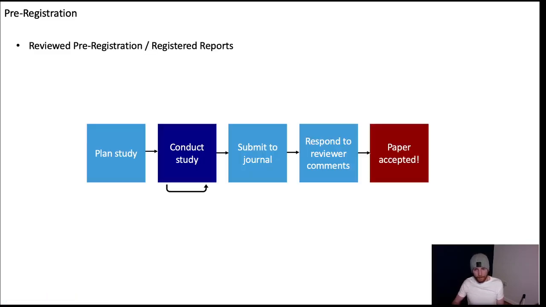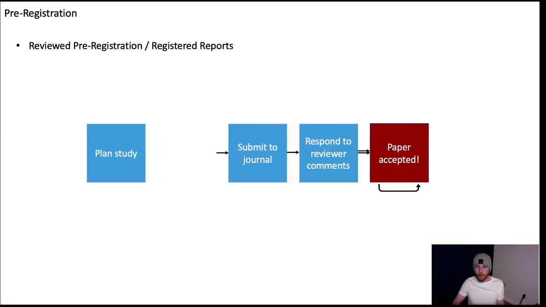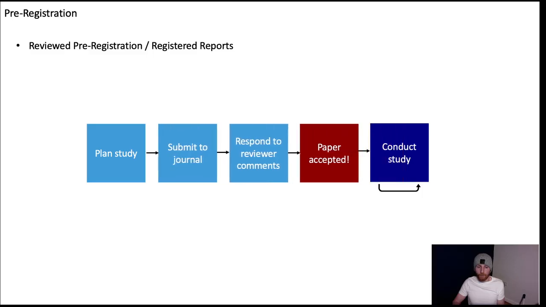What's harder to game, but also takes a little bit more work, is the registered report system. Here again we have the traditional scientific process, and the registered report basically just reorganizes it a little bit. When you want to write a registered report, you plan the study, you write down the introduction and the methodology, and then you submit that to a journal.